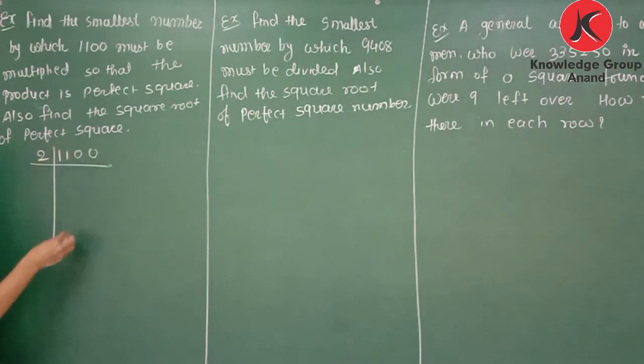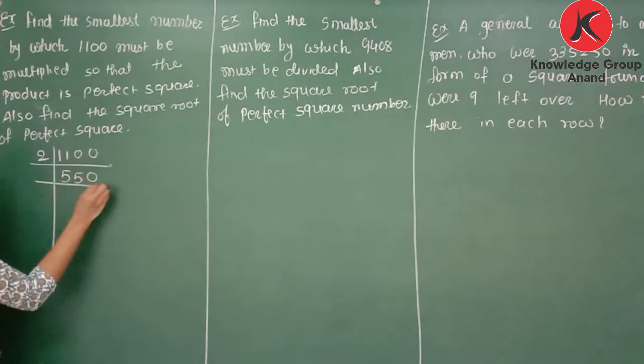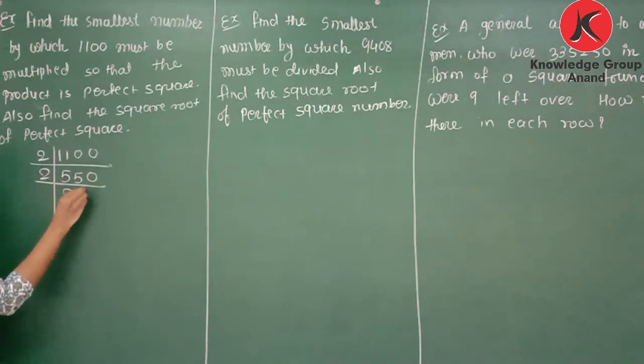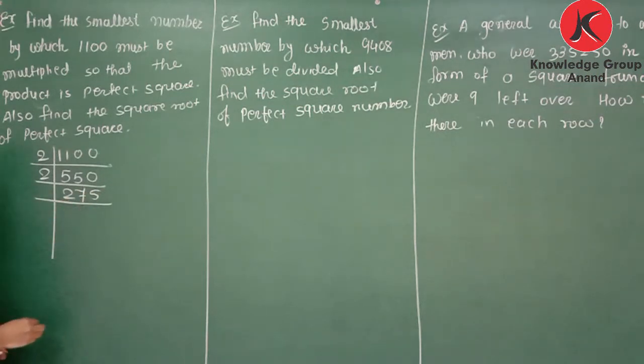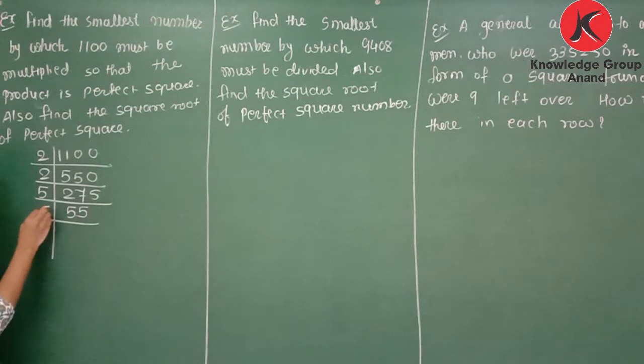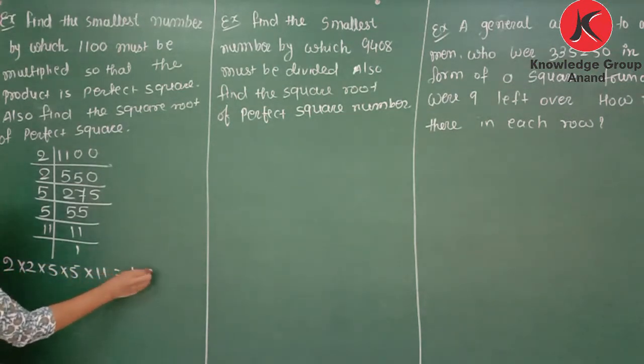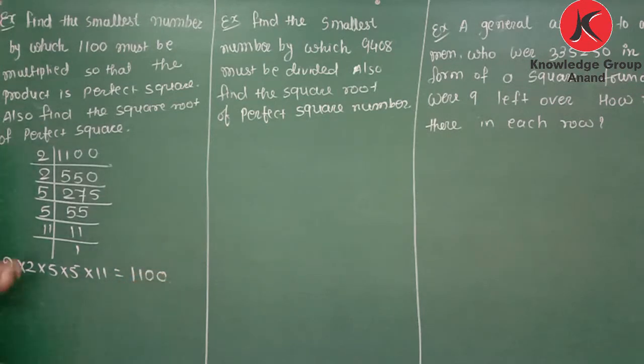We will start with 2. Now this number is not divisible by 3, so let's try 5. Now you can see 11 is not in a pair, so we should multiply it with 11.